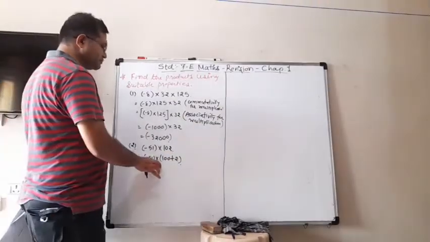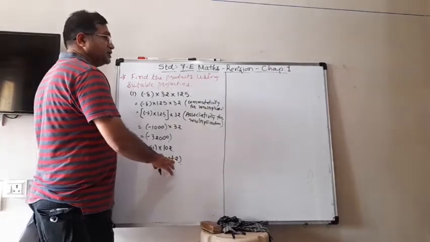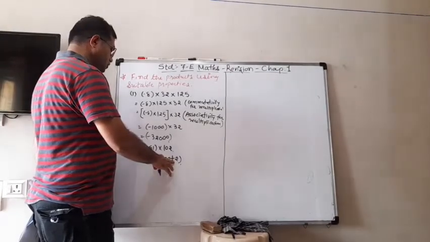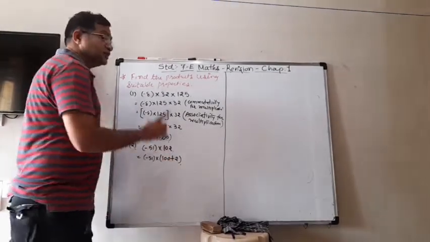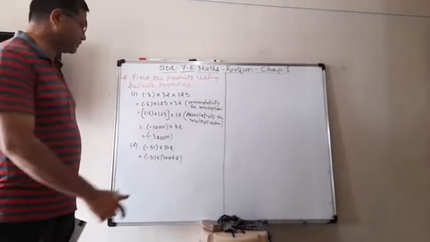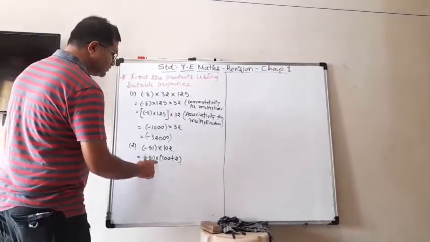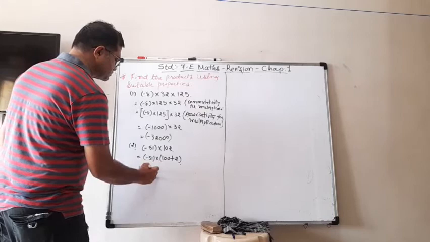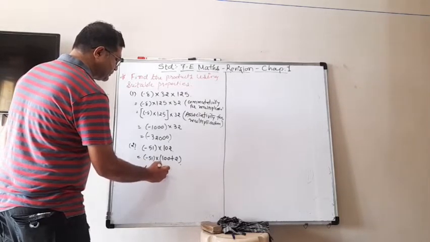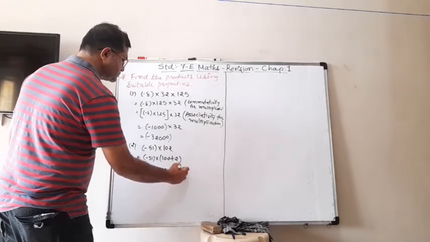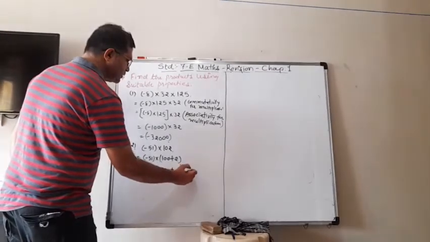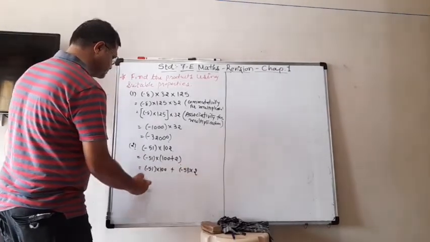So now inside multiplication, here it is plus. So we will use the distributive property. So minus 51 will be multiplied with both of them. Minus 51 multiplied by 100 plus minus 51 multiplied by 2.